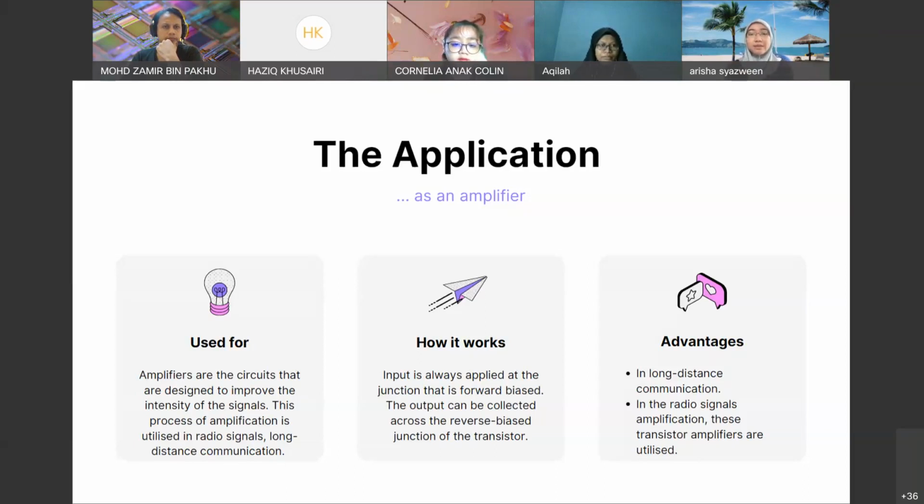A transistor must be efficient in terms of gain and linearity. The transistor circuit for amplification is designed in such a way that the input is always applied at the junction that is forward biased, and the output is collected across the reverse biased junction of the transistor. The reason is that it provides accurate amplification results.